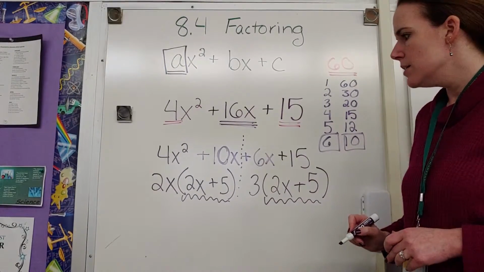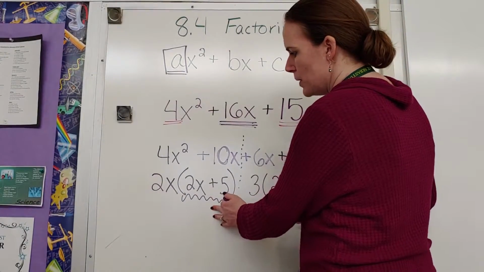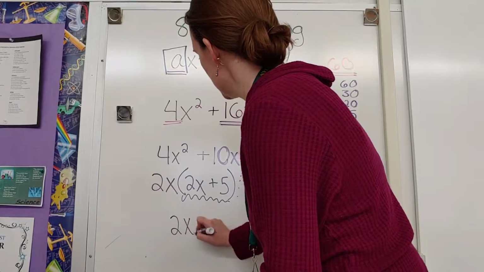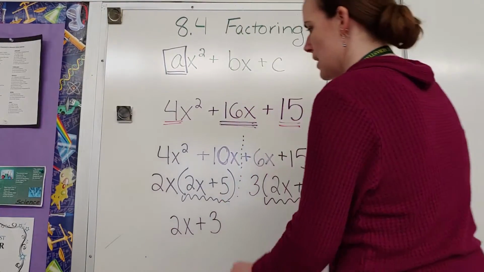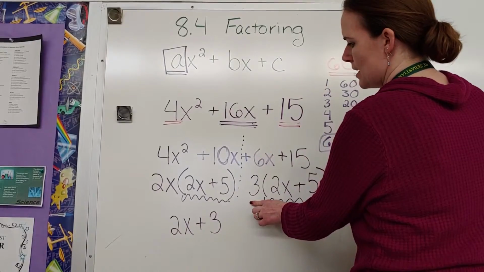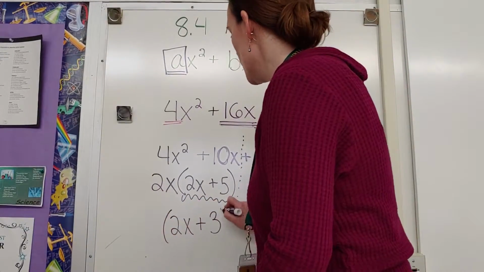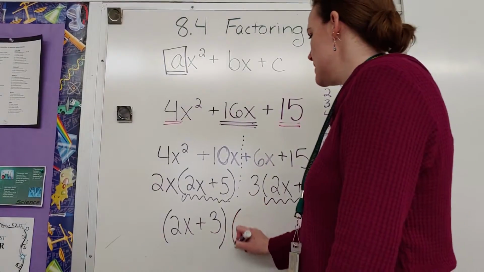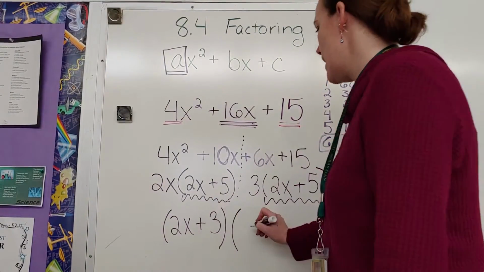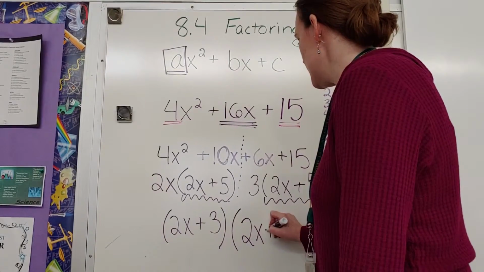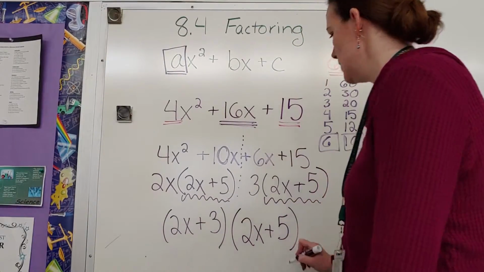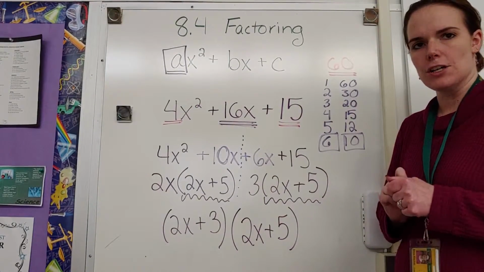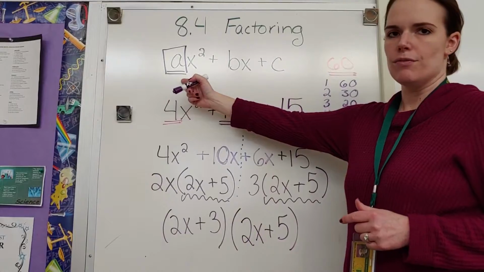So then you can do your factoring by grouping, where you're taking what's out here, 2x plus 3, and I'm getting that from this number and this number. That's one set of parentheses. And then my other set of parentheses is the terms that match, 2x plus 5. So that is how you are going to factor when you have a number in front.